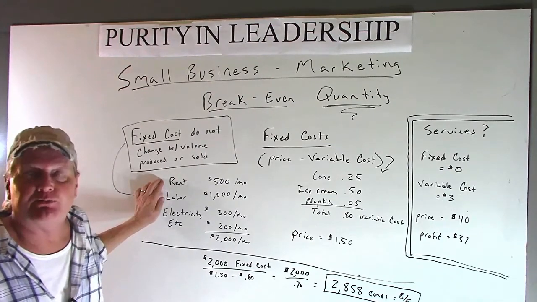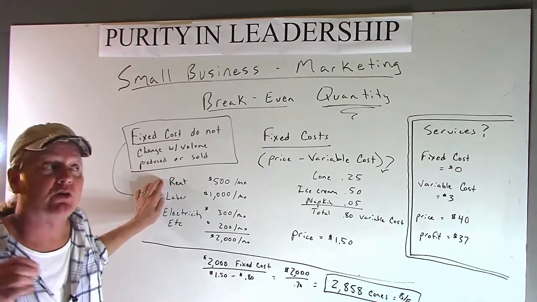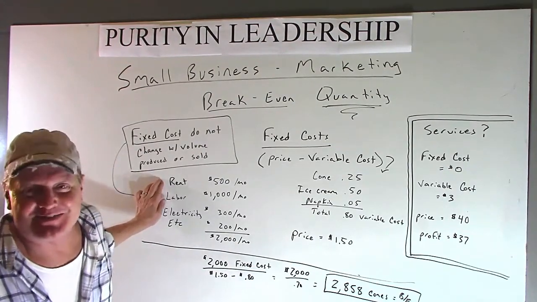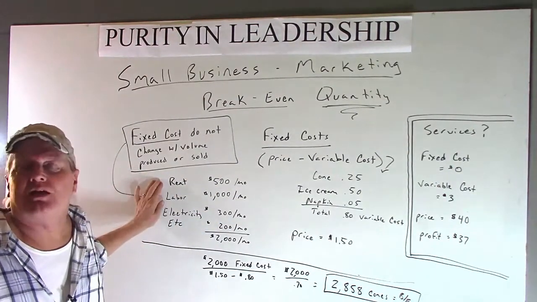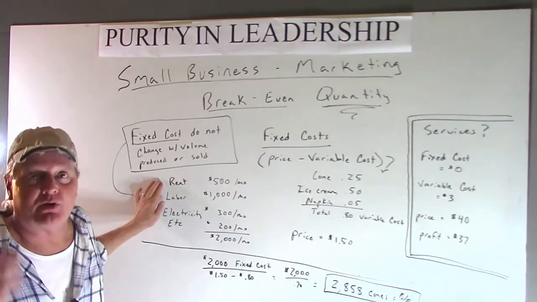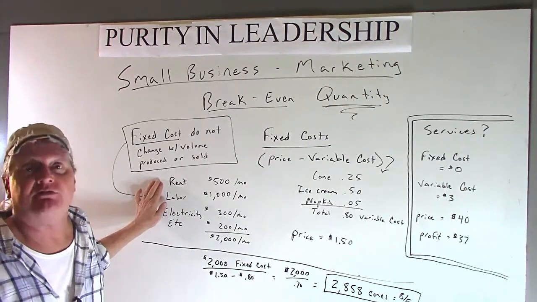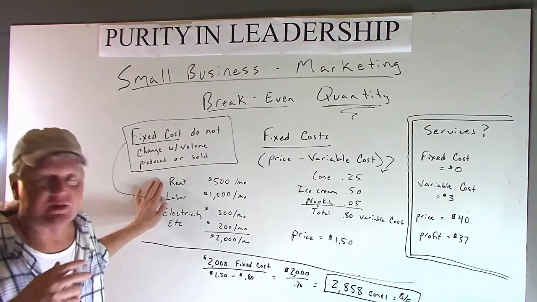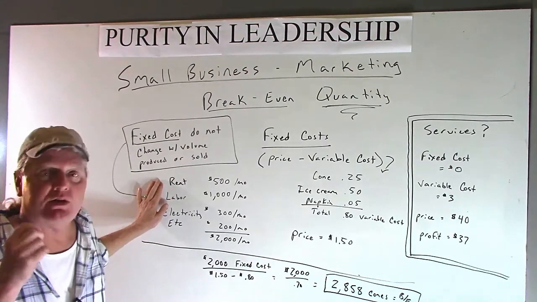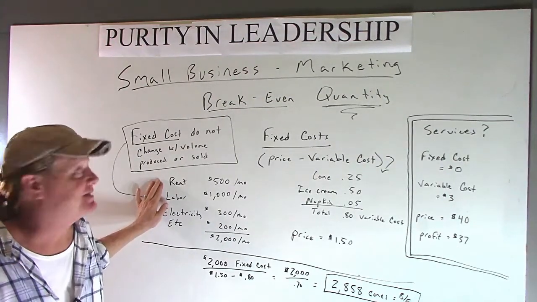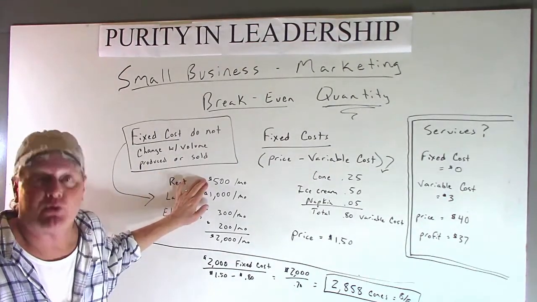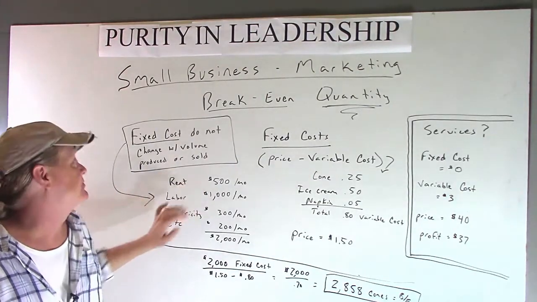Rent is $500 a month, whether or not, we're going to use ice cream again if you don't mind. Your rent is $500 and it has to be paid every month. If you sell one ice cream cone or you sell 10,000, your rent is still $500 per month. That is fixed.